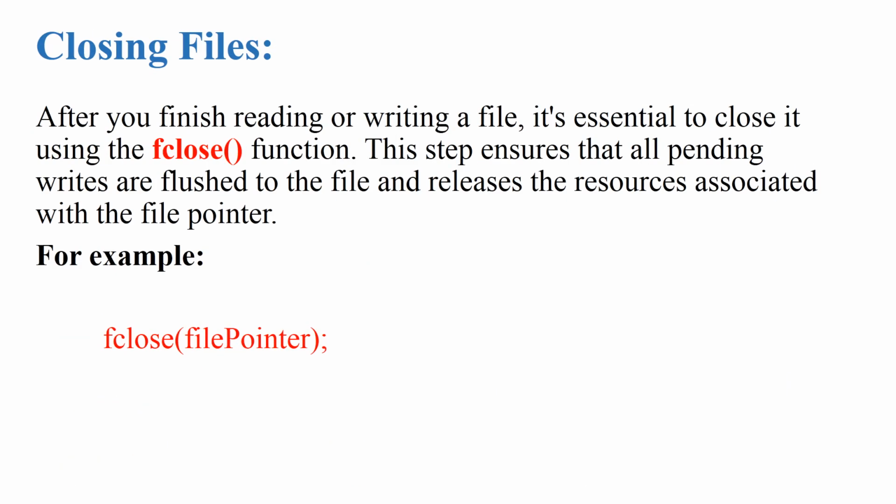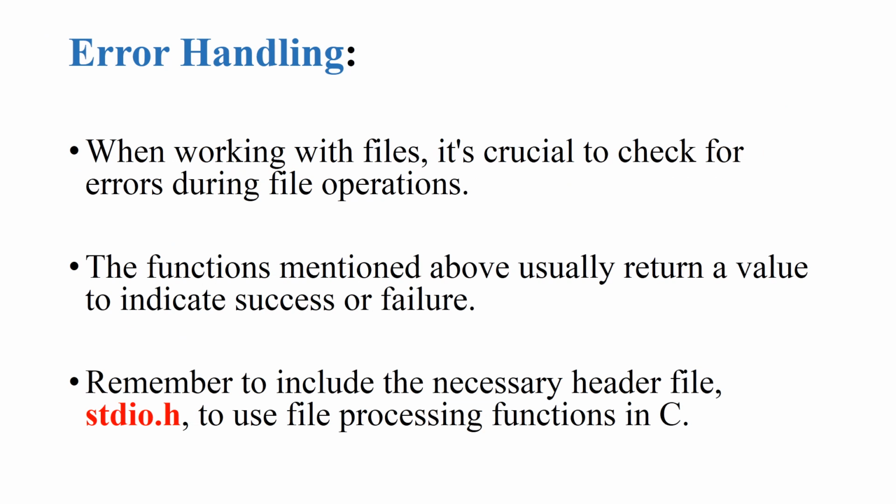Next operation, closing files. After you finish reading or writing a file, it's essential to close it using the fclose function. This step ensures that all pending writes are flushed to the file and releases the resources associated with the file pointer. For example, fclose, within the parentheses you have to mention the file pointer. Next, error handling.